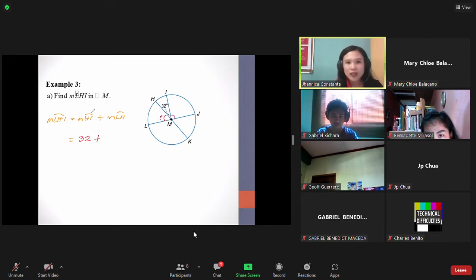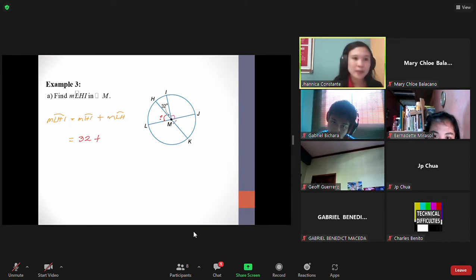To find the measurement of this angle, looking at the parts of our circle, we have a diameter which is LJ. Diameter is the one that creates a semicircle in the circle that we have.